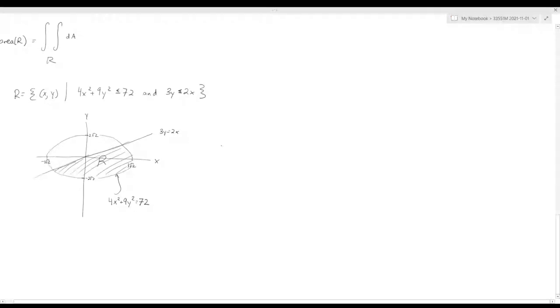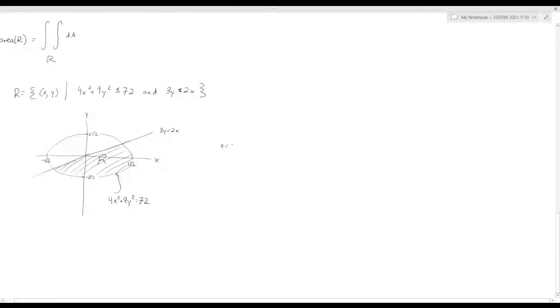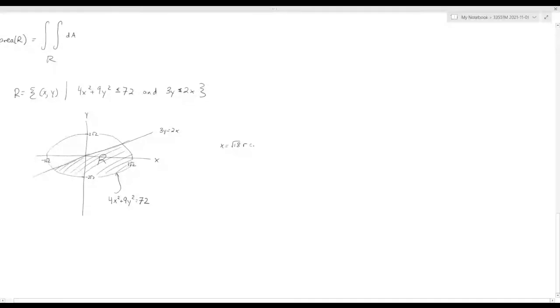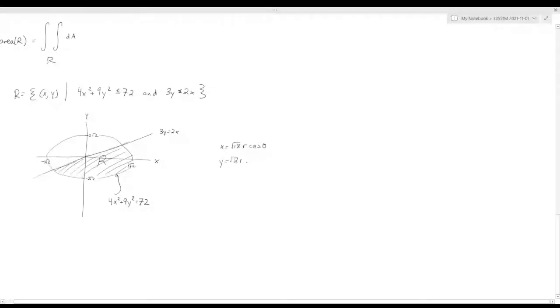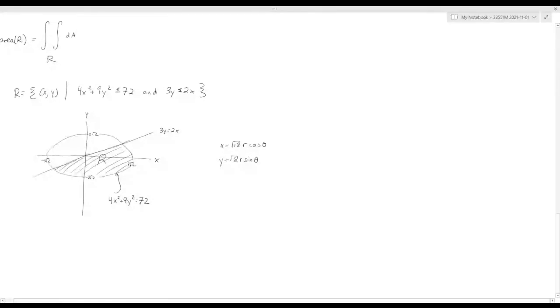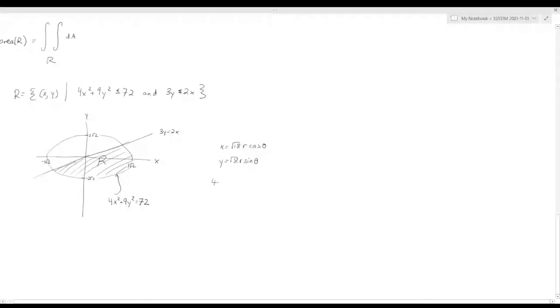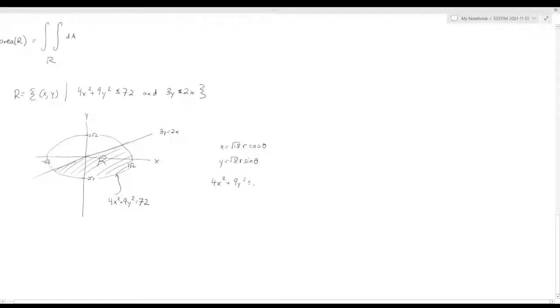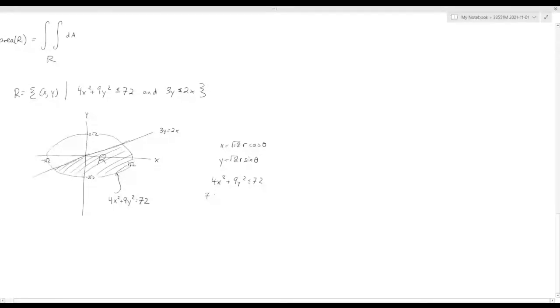So we're going to let x equal square root of 18 r cosine theta, y is square root of 8 r sine theta. I know this is weird.